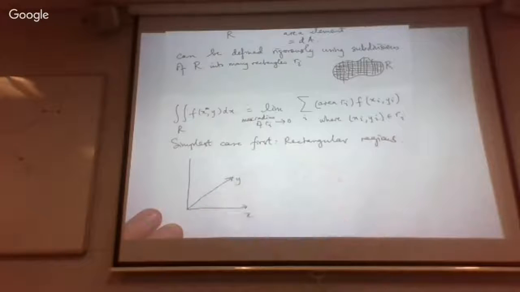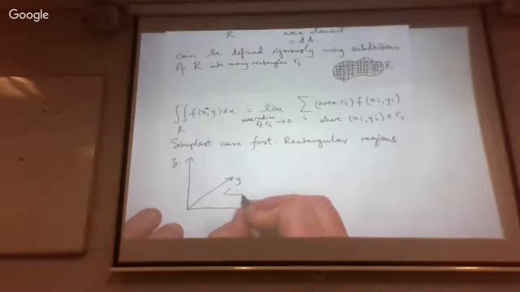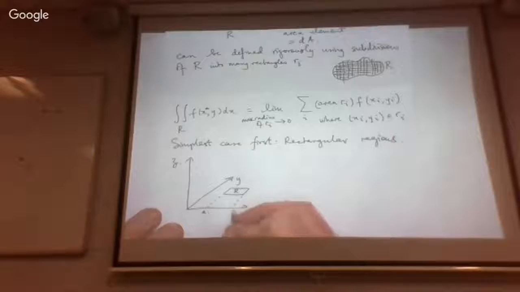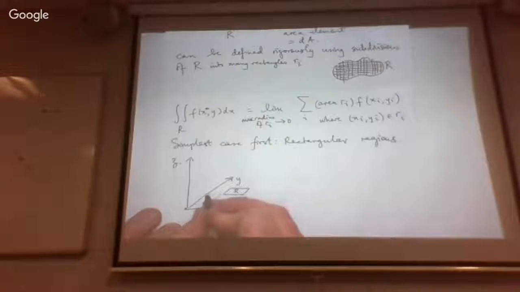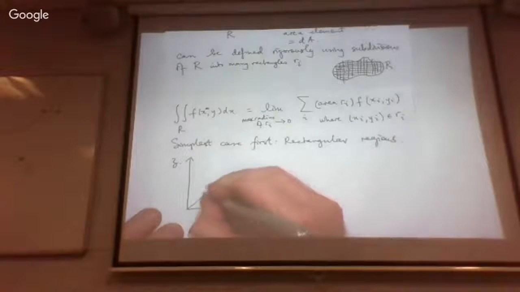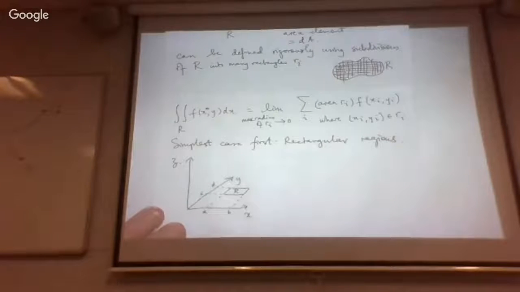Let me reproduce this here. I'm going to add a little bit to this diagram. So we've got some rectangle R there. Being a rectangle, it has two limits on the x-axis, two limits on the y-axis. Now it's slightly even simpler than a rectangle.